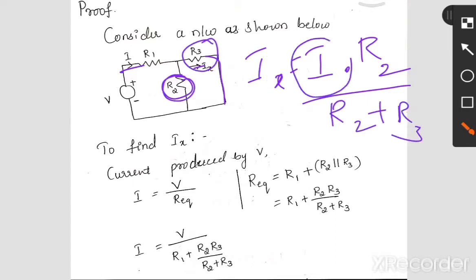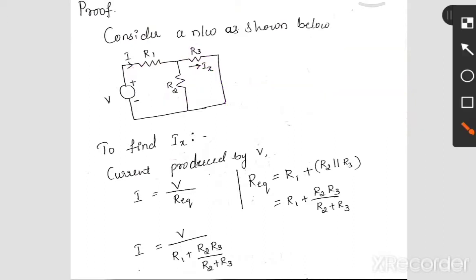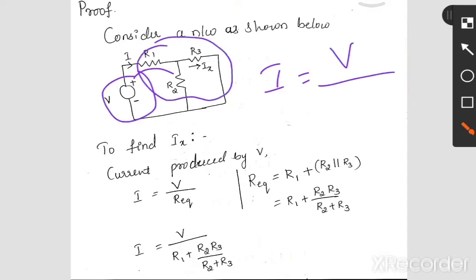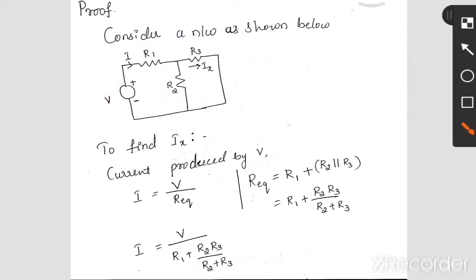Here we have to first calculate the main current I. I is nothing but the voltage divided by the equivalent resistance. To do so, we calculate R equivalent.